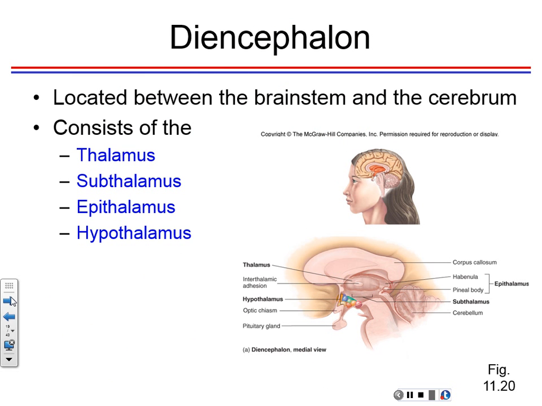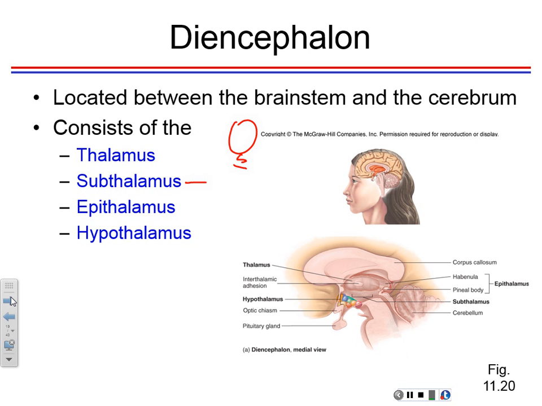So now we go to the diencephalon. The two main parts of the diencephalon we said are the thalamus and the hypothalamus. But then again, surrounding them are other structures. The thalamus is a circular nucleus, and the subthalamus is another nucleus that is part of the diencephalon, but it's right immediately underneath.